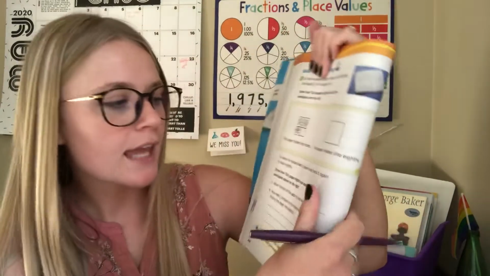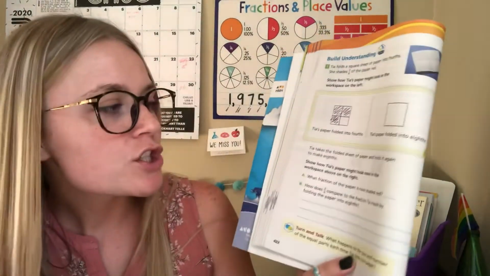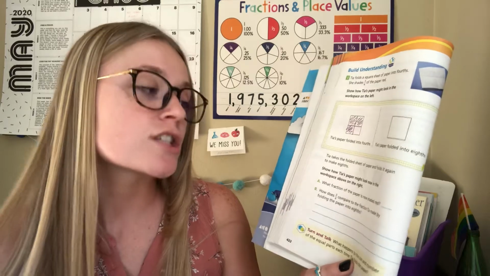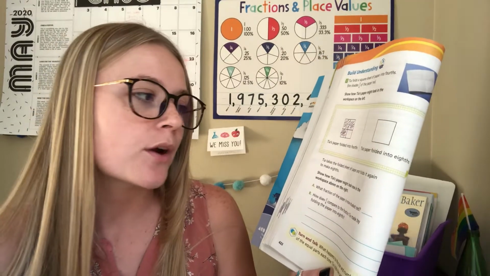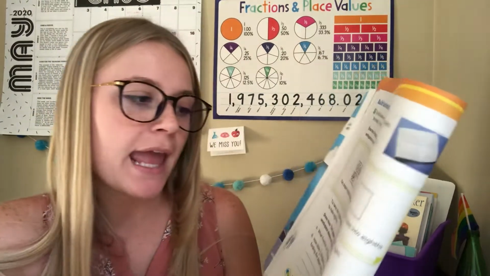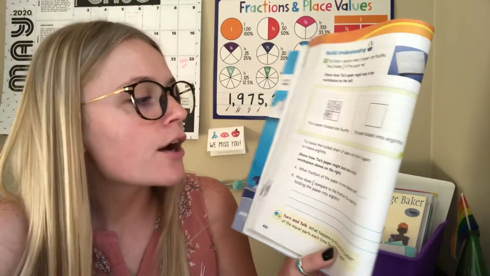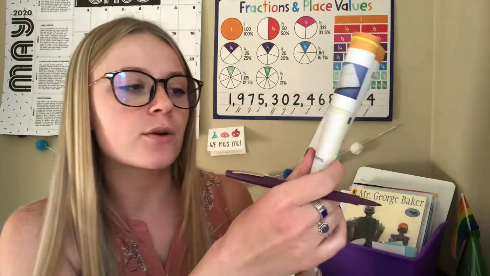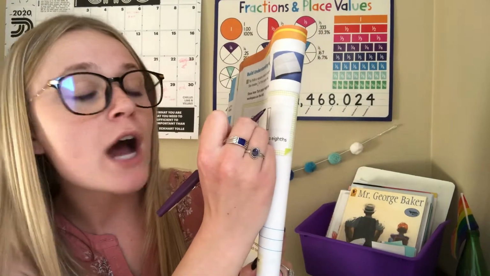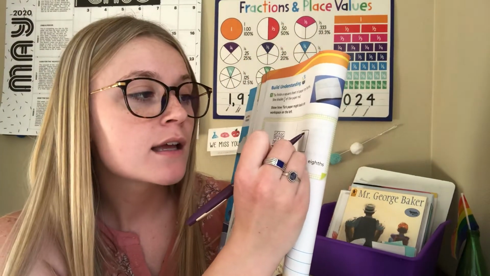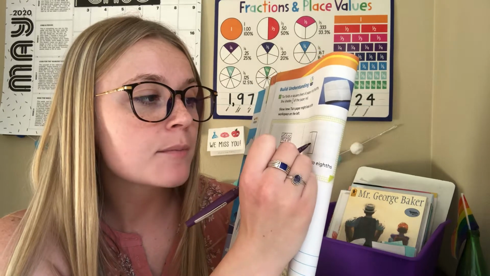Like that, okay? Then the next direction says, Tia takes the folded sheet of paper and folds it again to make 8s. Show how Tia's paper might look now in the workspace above on the right. So I am going to draw my 4ths first, because that stays the same.